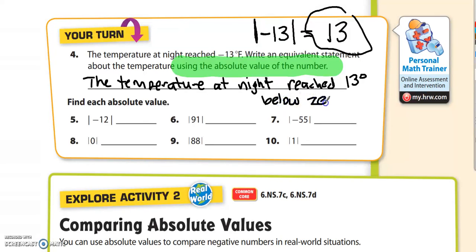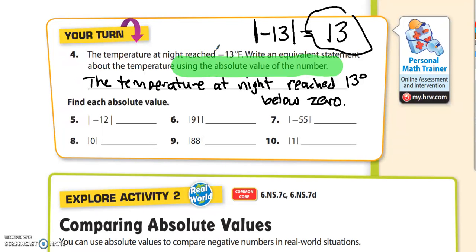Now I want you to notice how we said the same thing, but we didn't use a negative. I used a positive number here, 13, but then I used the words below 0. Those words below 0 are the important part of the answer. They tell you that it ends up being a negative number. So what we just accomplished was that we used absolute value to describe a negative number, and we used that instead of the negative sign.